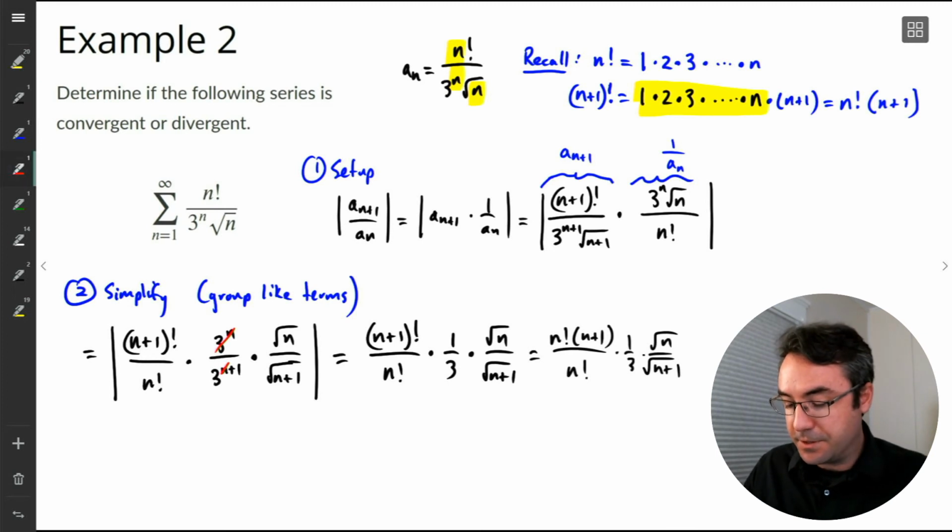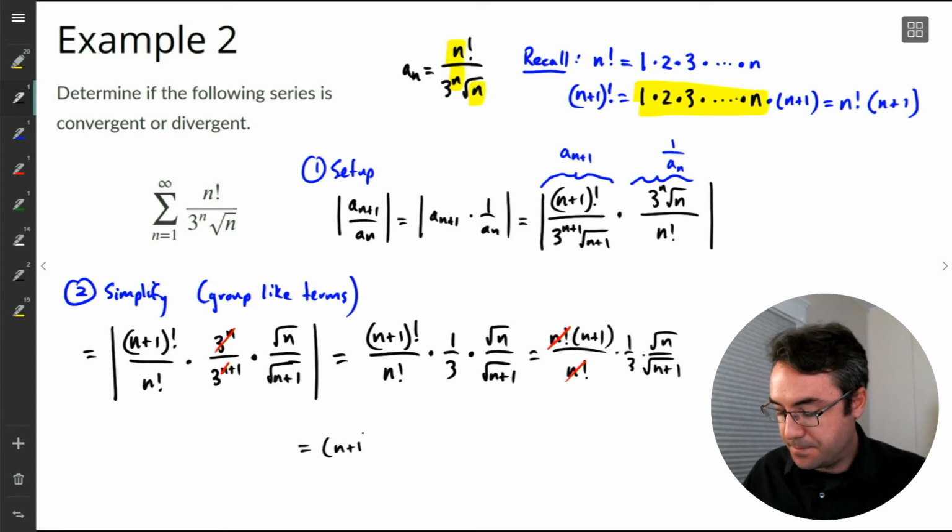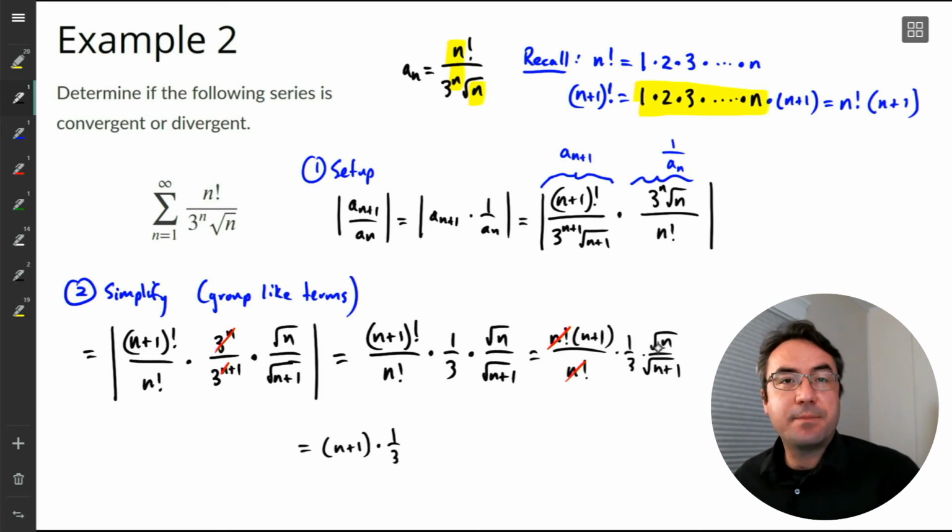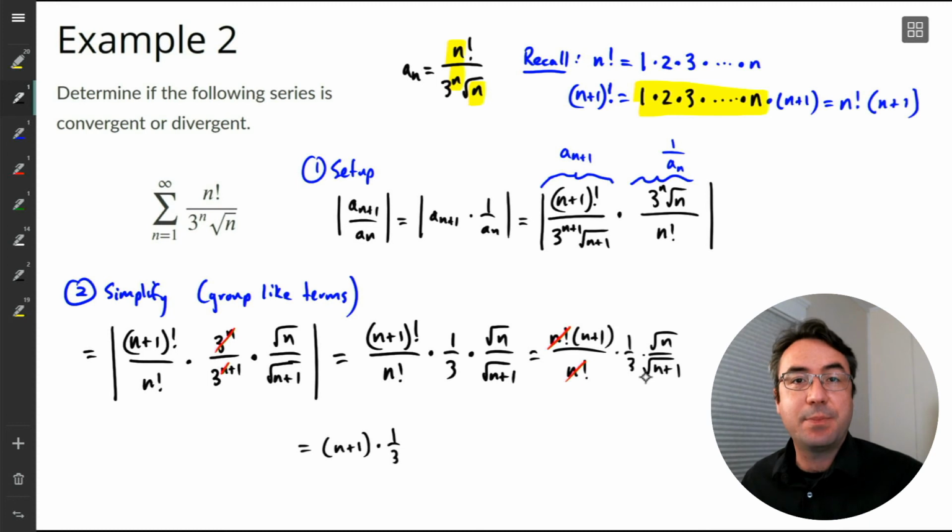Now the n factorials cancel. Get those out of there. And what we're left with is n plus 1 times 1/3. And again, that square root here is really a power function. So a property of exponents is that when we have the same exponent in both the top and the bottom of a fraction, applied to everything in both the numerator and the denominator, we can essentially factor off that common exponent.